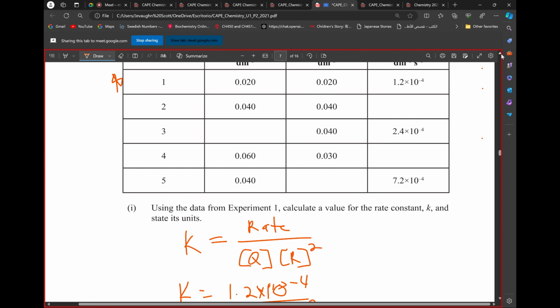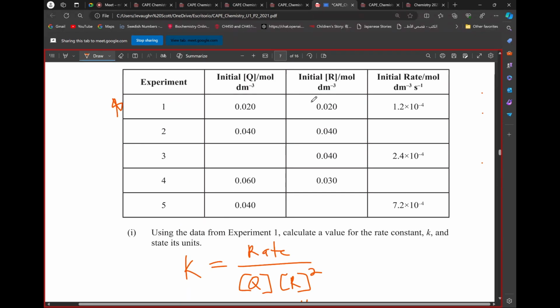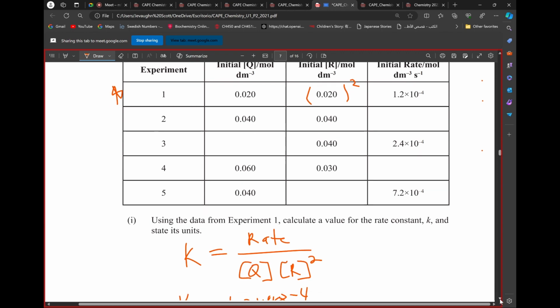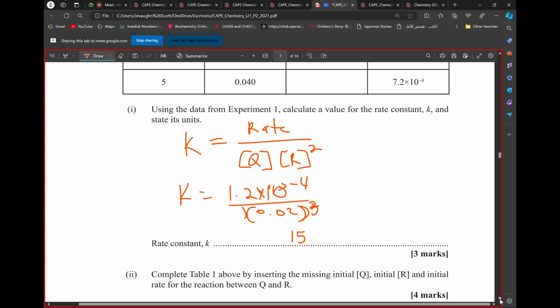No, not necessarily. We have this as R squared, right? And we see that Q is the same value, so there's three of them. It's three of them, so that's what I'm going to do. Oh, okay. I see it now. That's why I cube it.